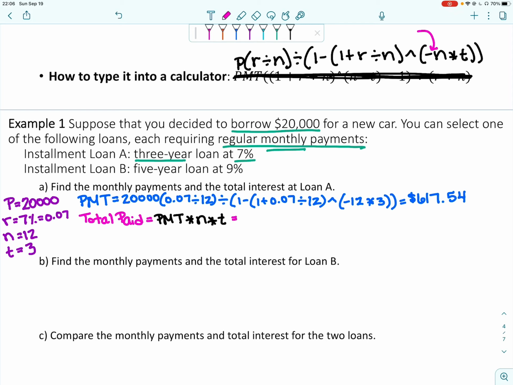So in this case, I am paying $617.54. I'm making these payments 12 times every year, and I'm going to make the payments for 3 years. So that gives me a total paid of $22,231.44. You can pause if you need to make sure that you get that same answer. And then our interest.